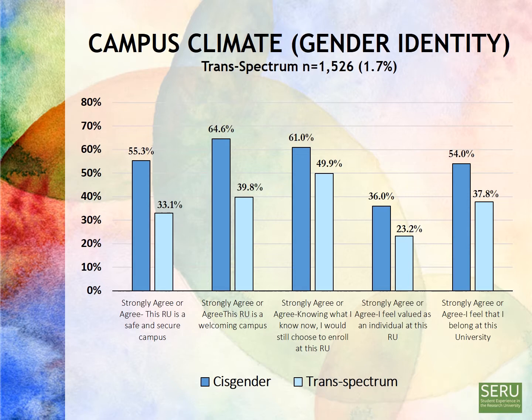Again, the sense of being valued as an individual is lower among the two groups as well, but still differences, and the sense of belonging, which we found to be a very important factor in student satisfaction and retention and other outcomes. So it is of importance that these groups are feeling different on these items. Next slide.